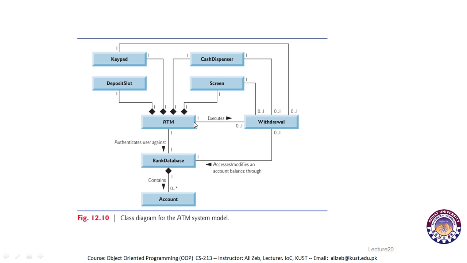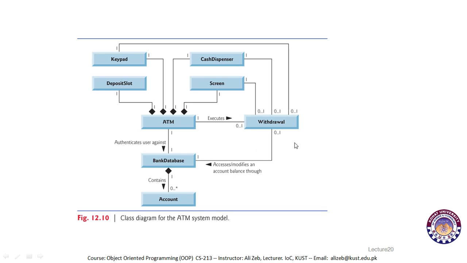On the other hand, the ATM can have 0 or 1 withdrawal at a time, and it will be working with at most one object of the bank database. And in this case, the bank might not have any account details, or it can have many account details. So the relationship is 0 or many in this case.